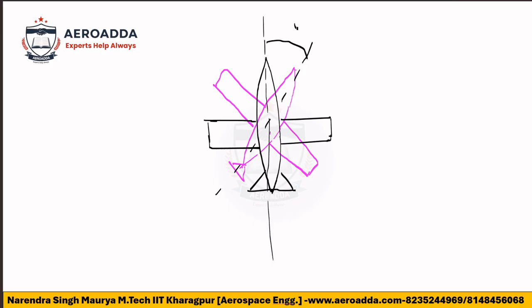This angle is psi. There will be a yaw moment. Obviously, this is the vertical axis, so the restoring yaw moment will be like this.